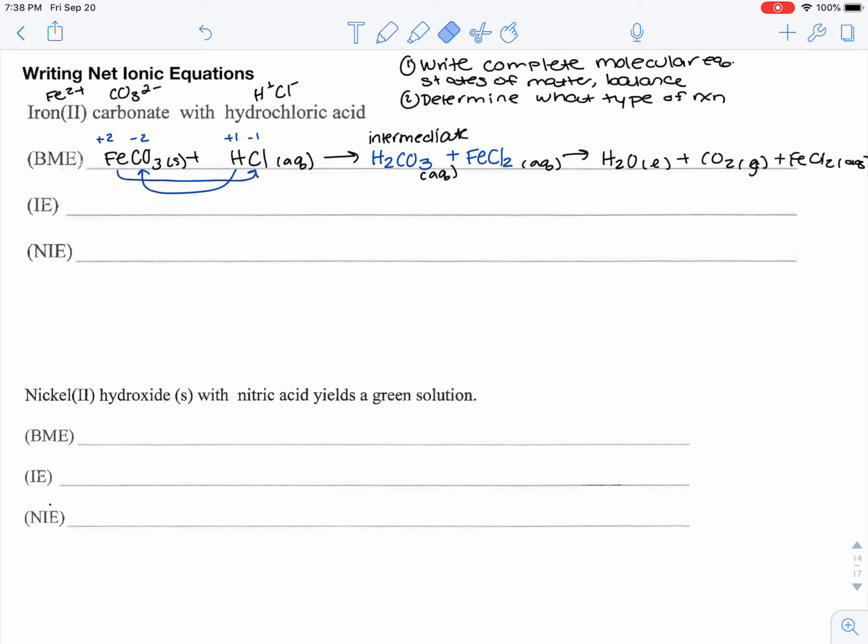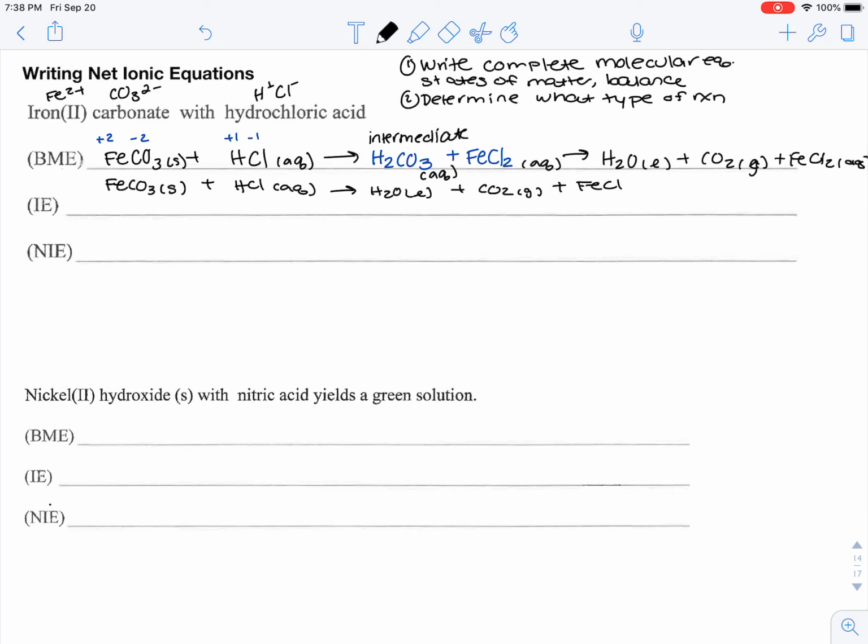So if we clean this up and just write it down here, you would see iron 2 carbonate plus hydrochloric acid will make water plus carbon dioxide gas and iron 2 chloride aqueous salt.